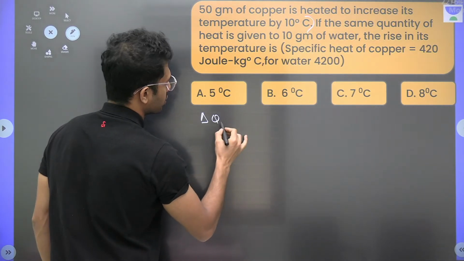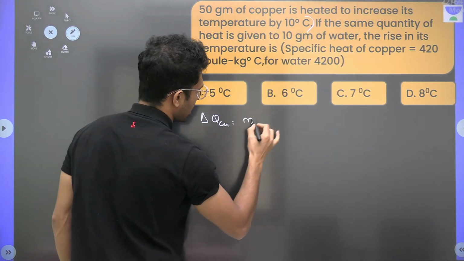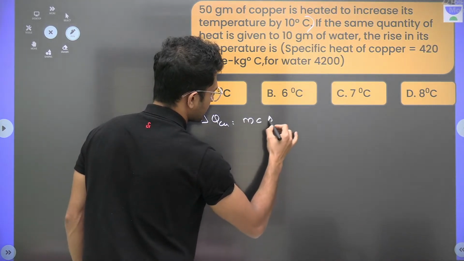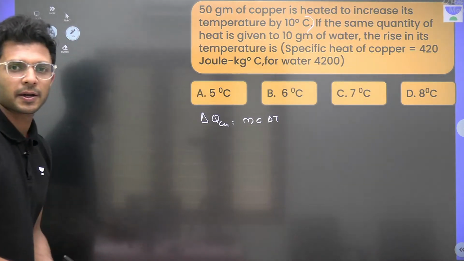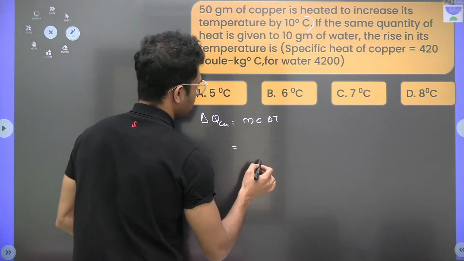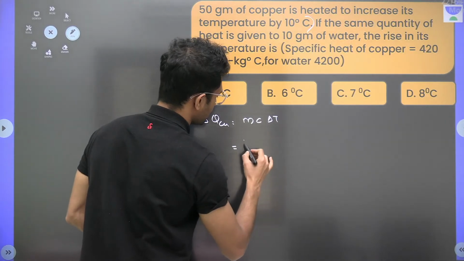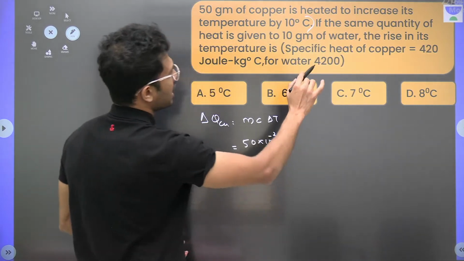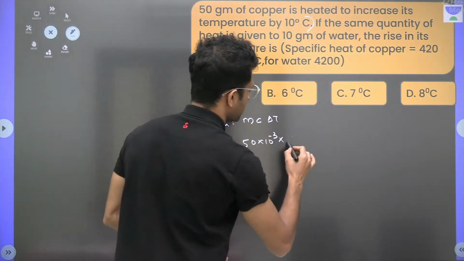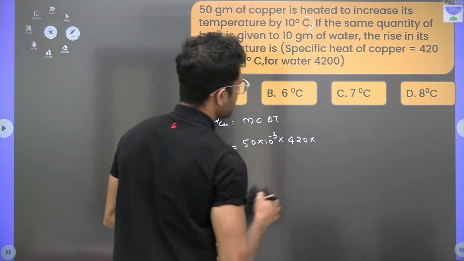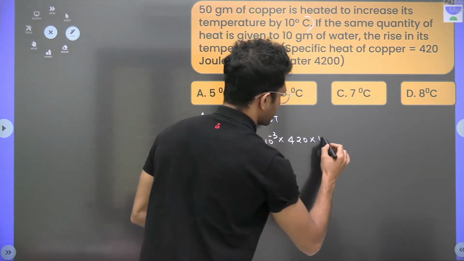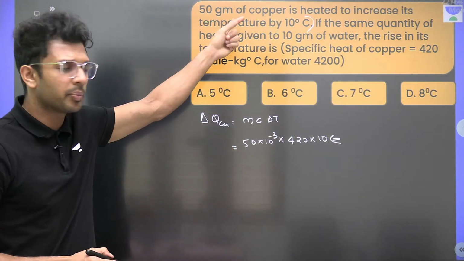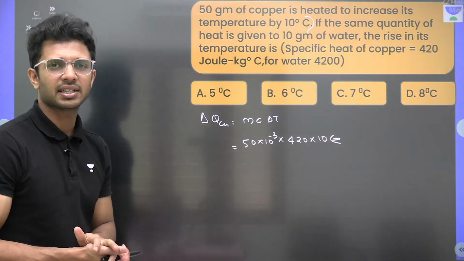Delta Q given to copper, formula M, then C, delta T. So MC delta T. Now M is the mass of copper, 50 grams or 50 into 10 power minus 3. The specific heat of copper is given as 420 and the change in temperature is 10. So this much heat energy is being given to copper for increasing its temperature by 10 degrees Celsius.